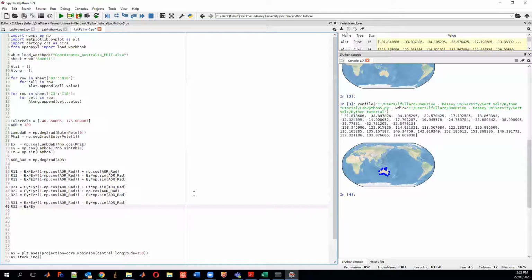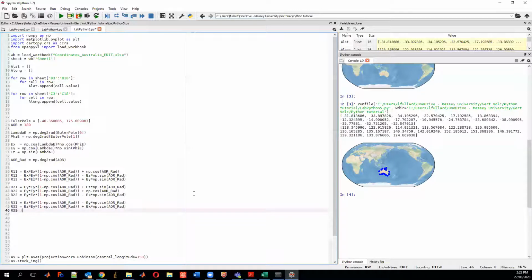R32 equals EZ times EY times 1 minus cosine AOR rad, numpy.cos... I missed a bit here. Plus EX times numpy.sin, numpy.sin rather, AOR rad.